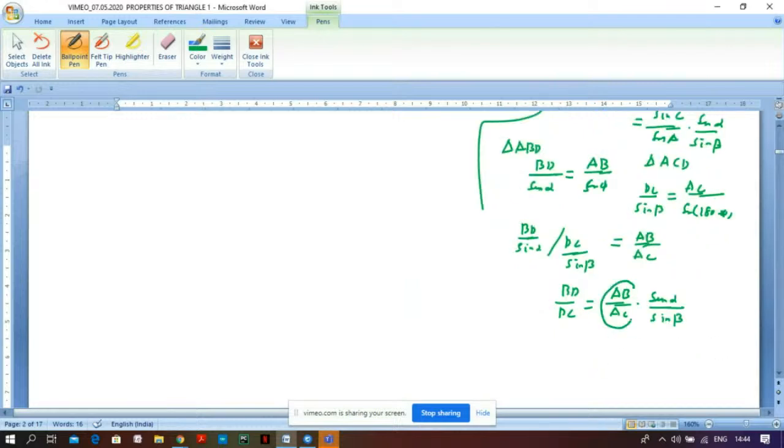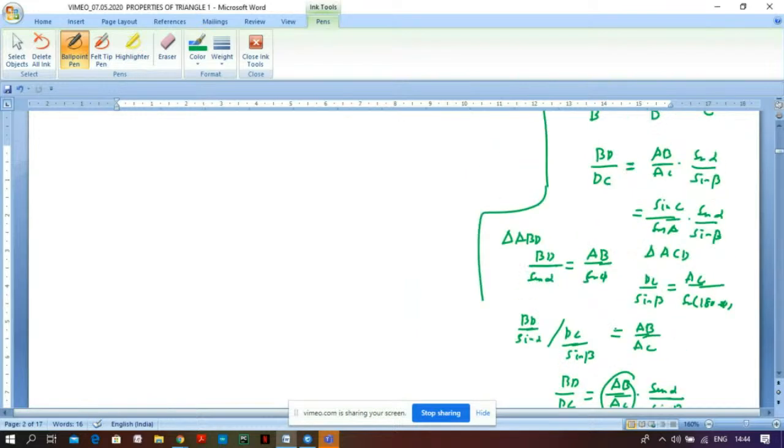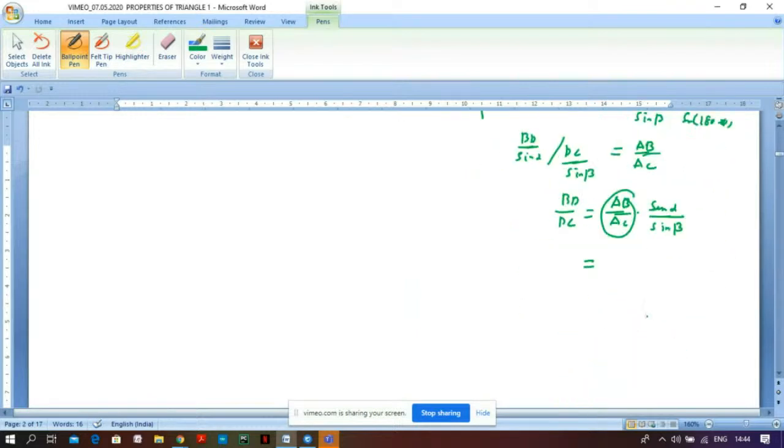I can change AB and AC to sides. That's simple, because we know that in the triangle c upon sine C is b upon sine B. So AB is c, so I can write c upon b is sine C upon sine B. So ultimately this is sine C upon sine B, and times sine alpha upon sine beta.